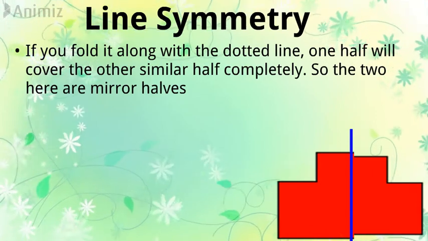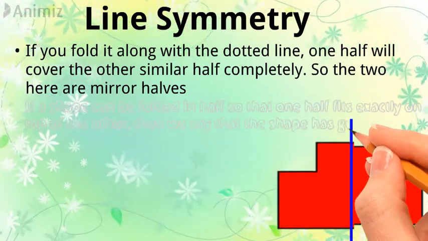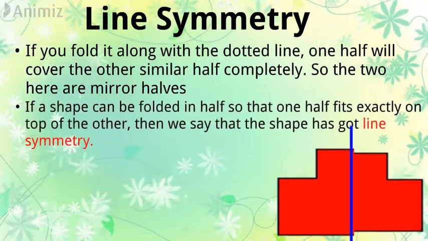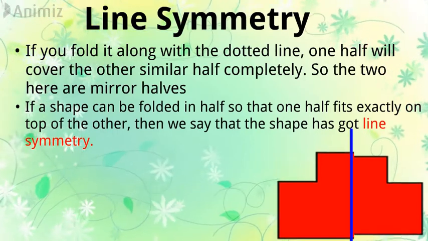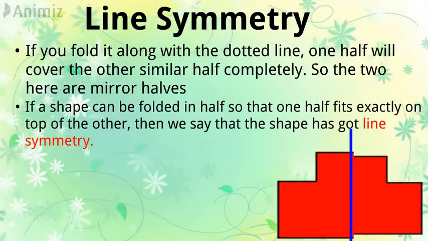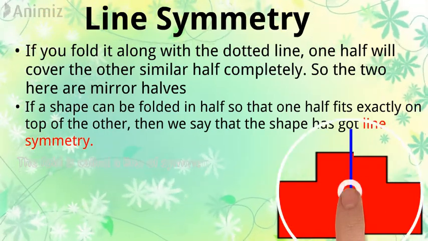Okay? Now, if a shape can be folded in half so that one half fits exactly onto the other, then we say that the shape has got a line of symmetry. It should overlap.